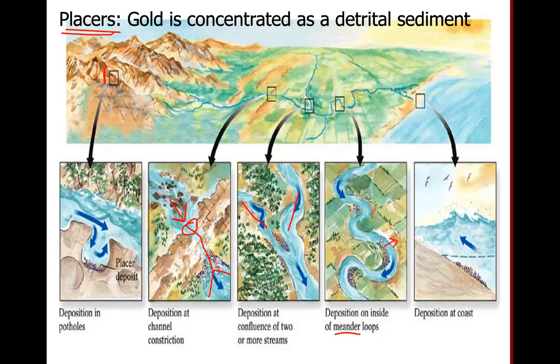Velocities are different, and the edge gets slower movement, and heavier minerals will get deposited in this area, right? So placer deposits are formed in such places also, inside the meanders, right? These fold-like features we call meanders. This process is called meandering of rivers.